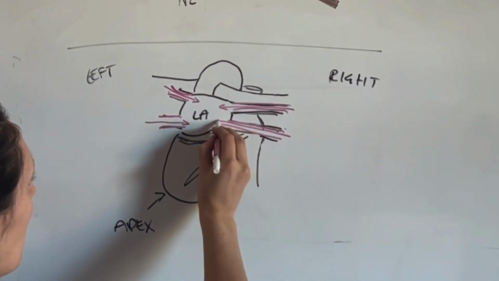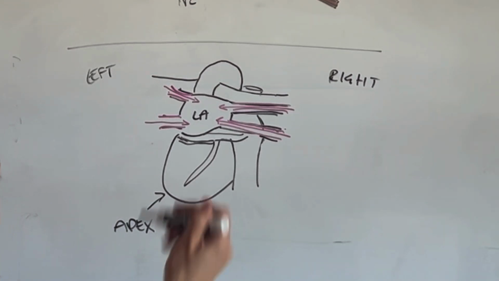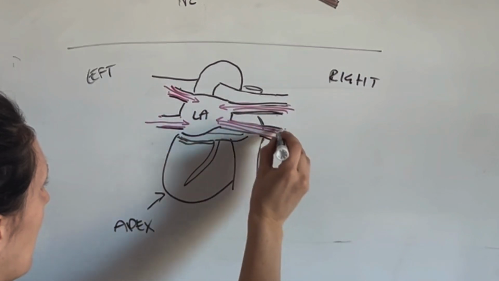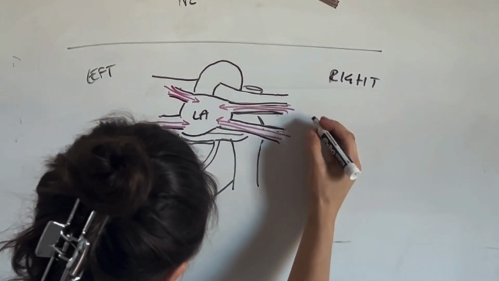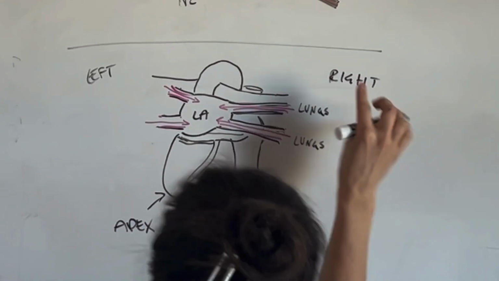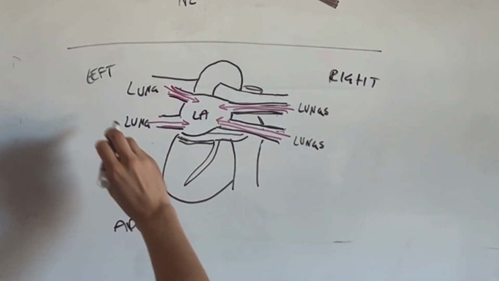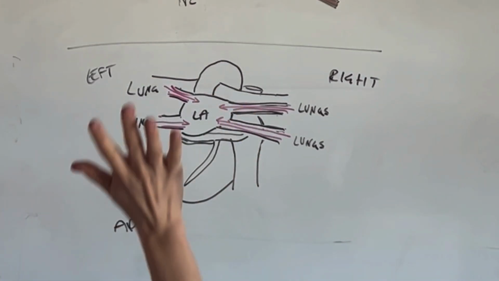They're mainly on the back side of the heart, and pulmonary veins bring blood that has been oxygenated to the left atria from our lungs. So this is from lungs. This would be from the right lung. This would be from the left lung. 4 main veins, pulmonary veins, that are going to go into our left atria on the back side of the heart.